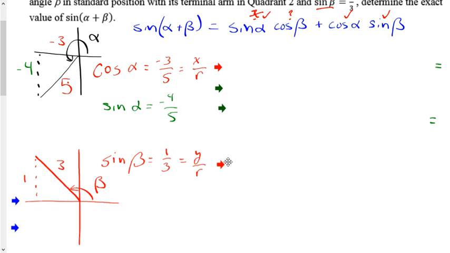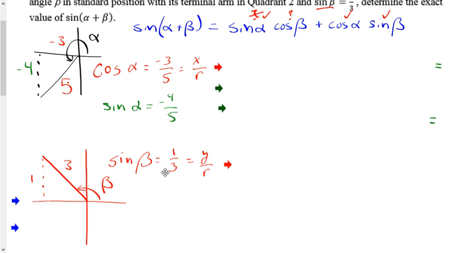Here I have my angle sketched in standard position. Sine of beta is y over r, so I know the y value and the r value. And again, the question told me beta was in the second quadrant, so I knew where to draw it. The Pythagorean theorem will tell me that third side.